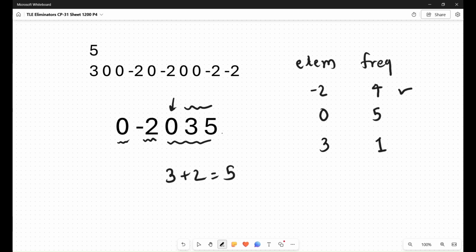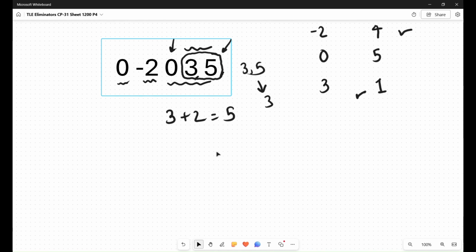And for 3, only the pair 3, 5. I'm not talking about the indices, I'm just talking about the absolute values here. So 3, 5 will give you 3, and 3's frequency is 1 here.